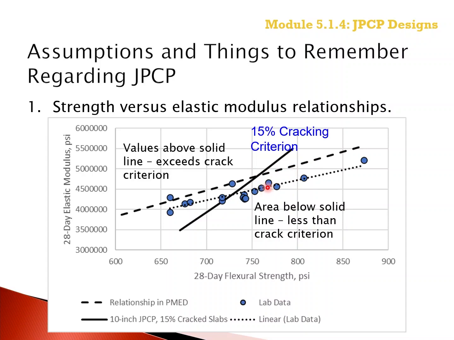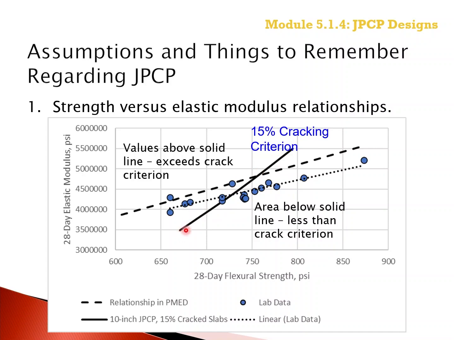In addition, it's also important to recognize that the software can be used to calculate the percent cracked slabs as shown by the solid black line, for which 15% cracking would be calculated at the end of the design period of 20 years.